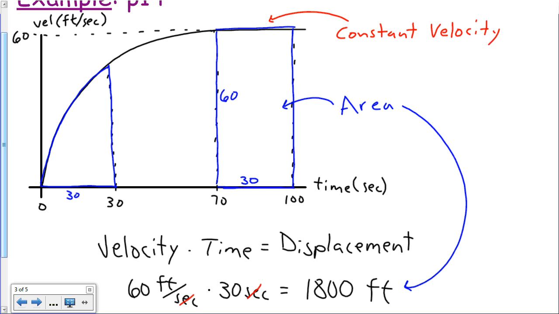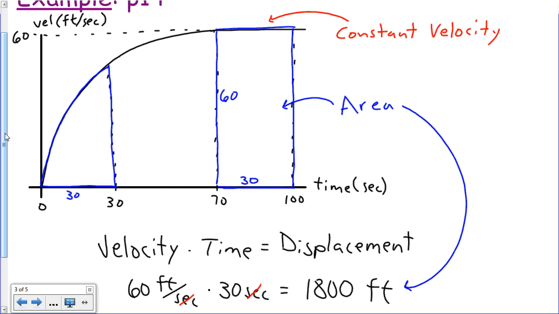But I do know that if I multiply my velocity times my time, that is, if I multiply my x's times my y's, where the x is the time and the y is the velocity, then I also find the area of this region and thus the displacement.